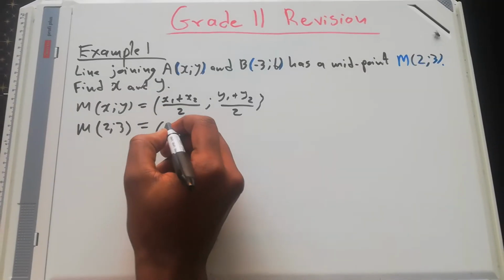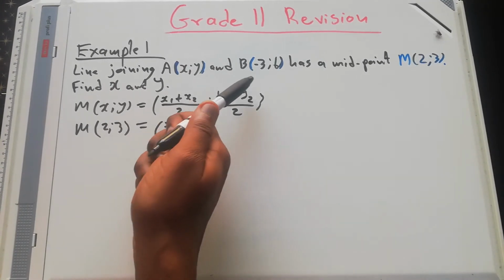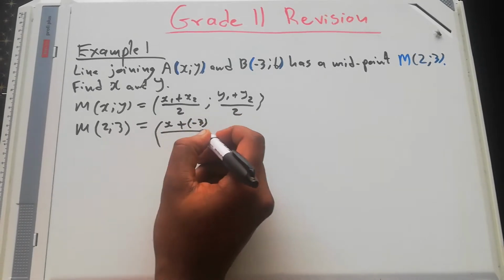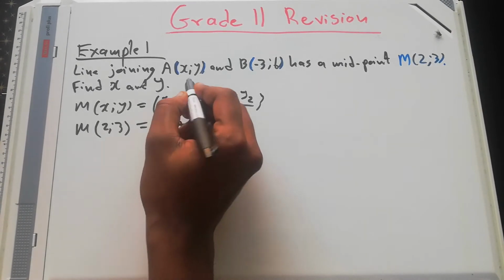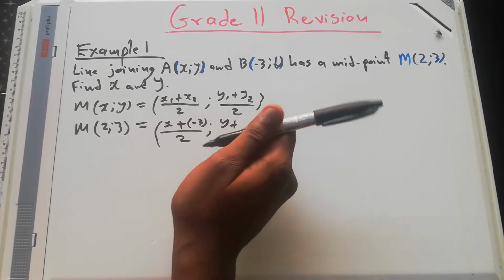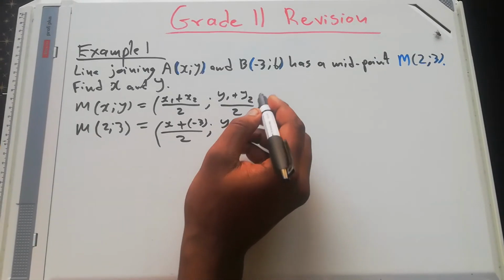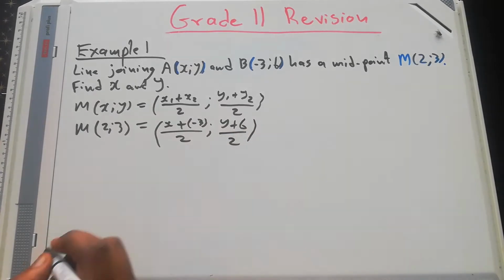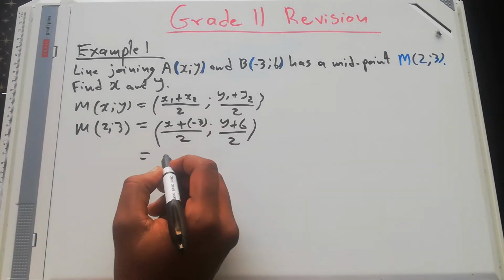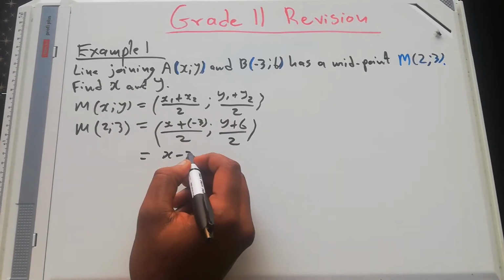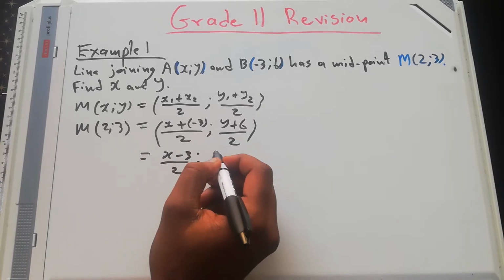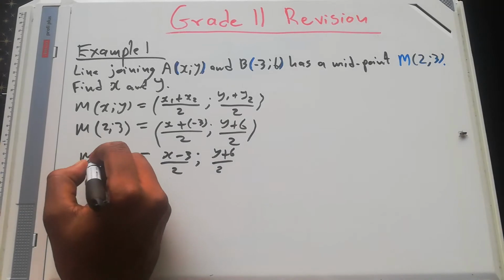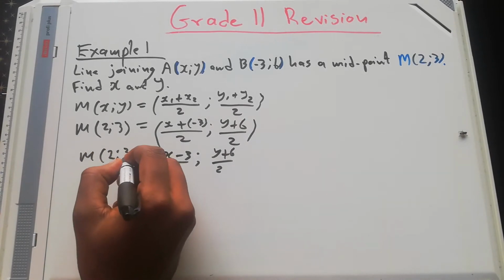Then x1 is x plus x2 is minus 3, all over 2, and y1 is y plus 6 all over 2. So what you have here is (x minus 3) over 2 and (y plus 6) over 2. It's your midpoint, which is (2, 3).